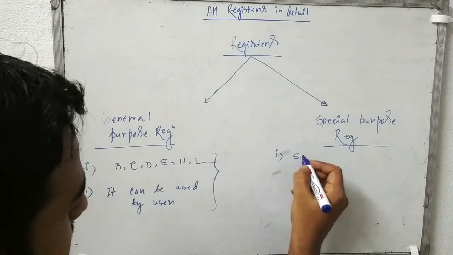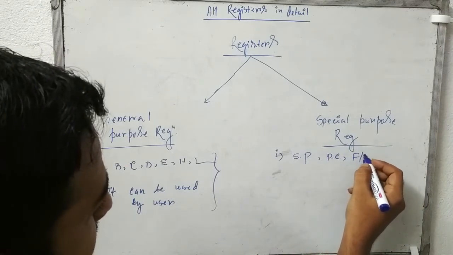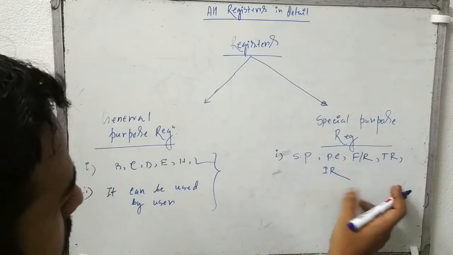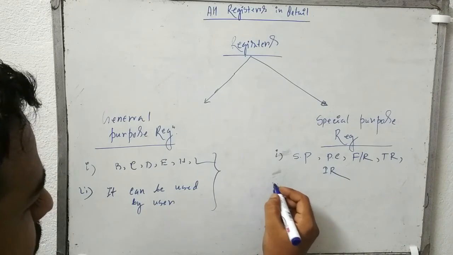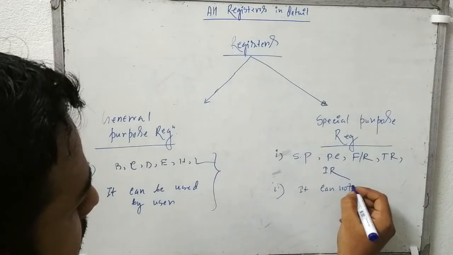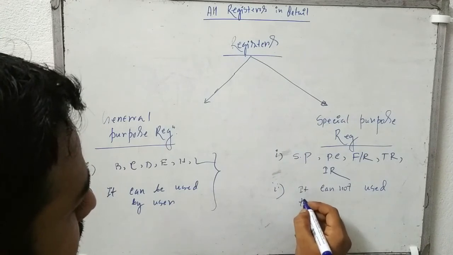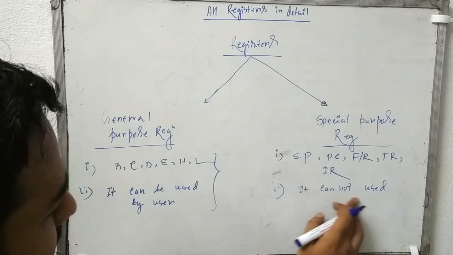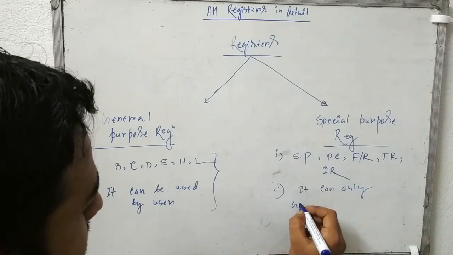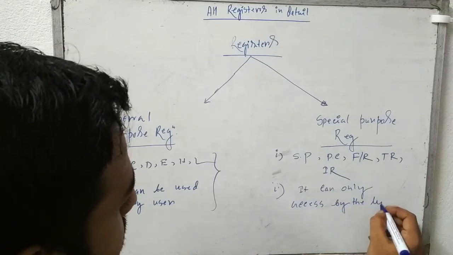Special purpose registers are the stack pointer, program counter, flag flip-flop or flag register, temporary register, and instruction register. All are special purpose registers because they can't be accessed or used by the user; they can only be accessed by the microprocessor.